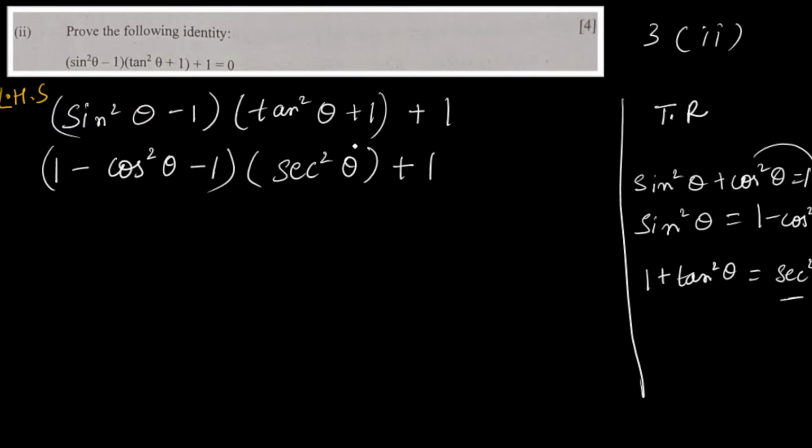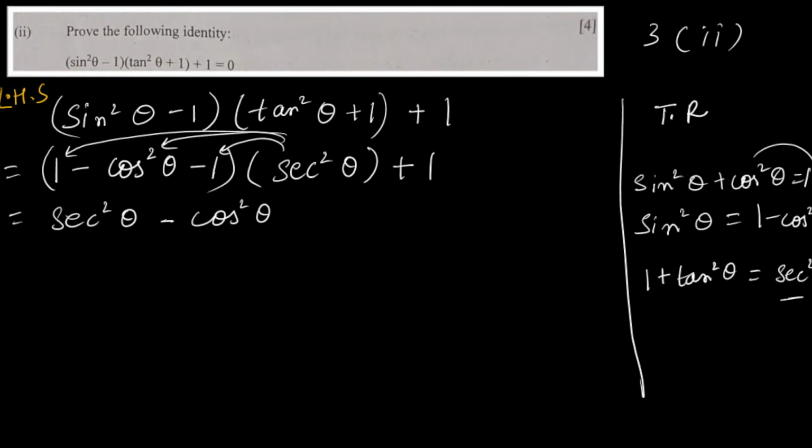Now we can just multiply. Let's multiply. Bracket multiplication here we can do. So with each and every term of the other bracket we have to multiply. 1 into sec²θ is sec²θ, minus cos²θ into sec²θ, because we are multiplying, minus sec²θ plus 1.